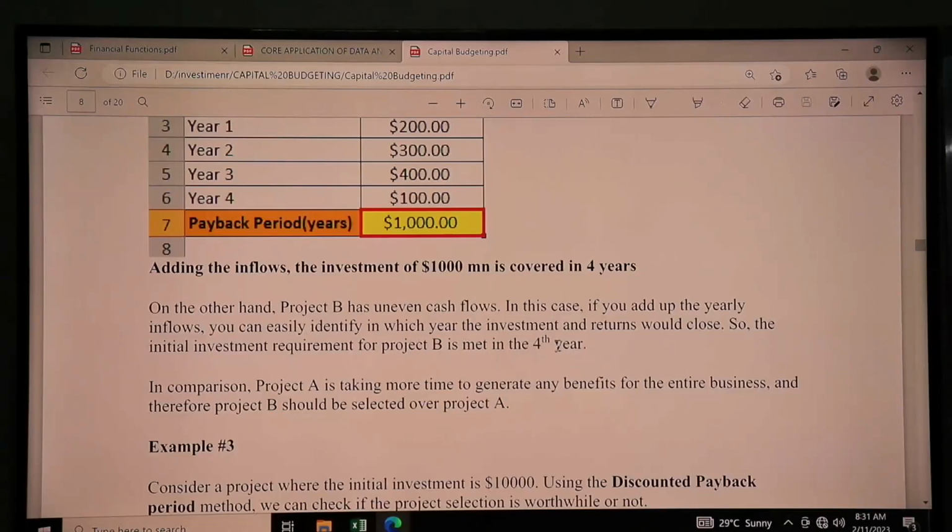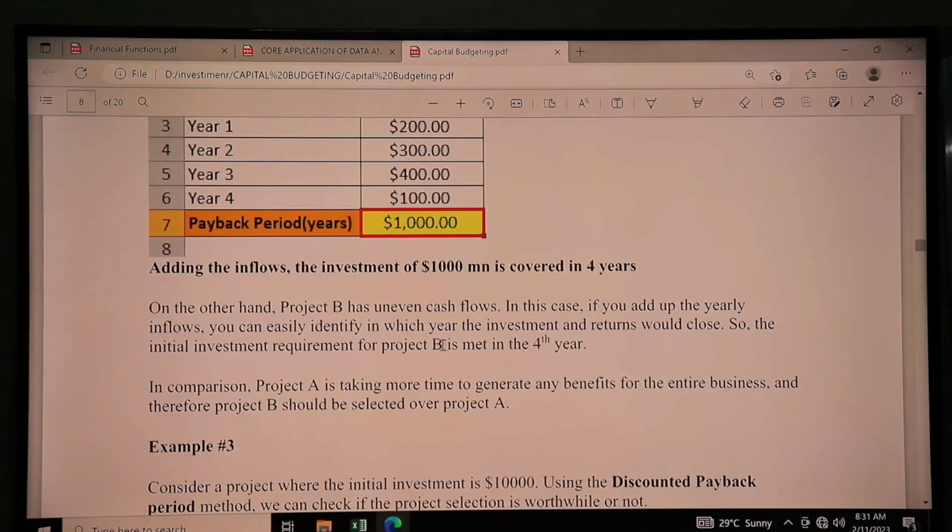By the 4th year, it has already paid back the amount invested. So comparing the two projects, project A takes more time to generate any benefit for the business, and therefore project B should be selected over project A.